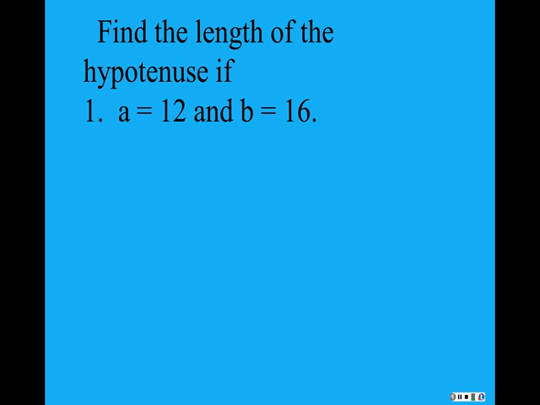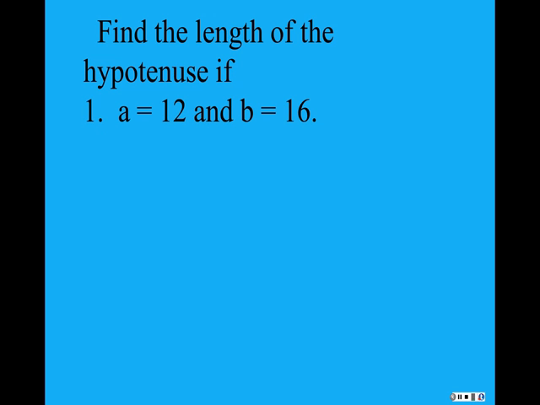So for this problem, let me go ahead and draw it for you guys because I don't understand why you guys forgot this. This is something you can't forget. Here's your right triangle. A is equal to 12. B is equal to 16.